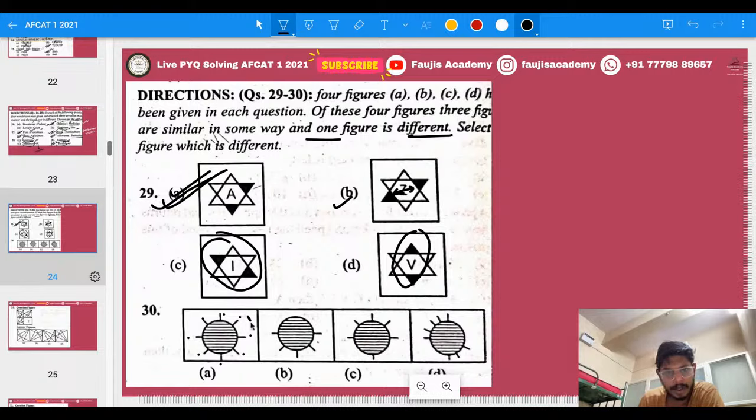Over here 8 spokes are there. 1, 2, 3, 4, 5 spokes are there. 6 spokes are there. Now, can you guys tell me which one is the odd one out? Yes, absolutely. B, 30th B is the odd one out because the number of spokes over here is odd, and in rest all others it's even.